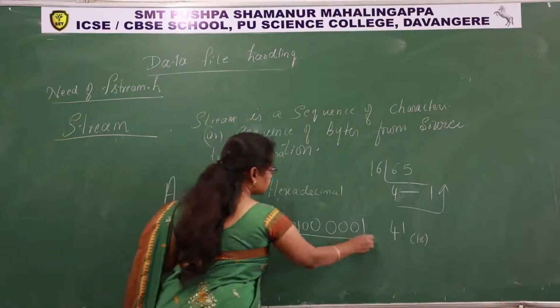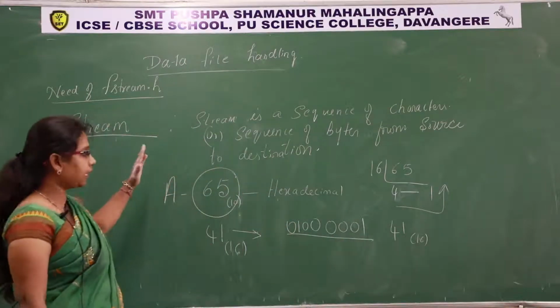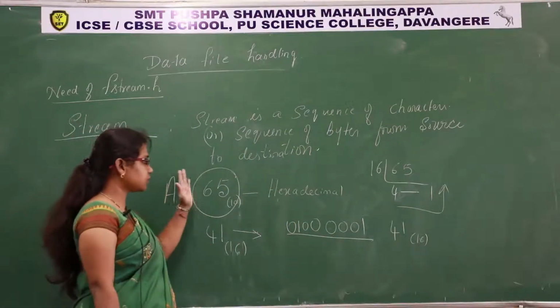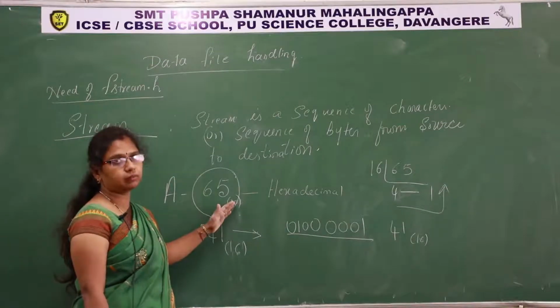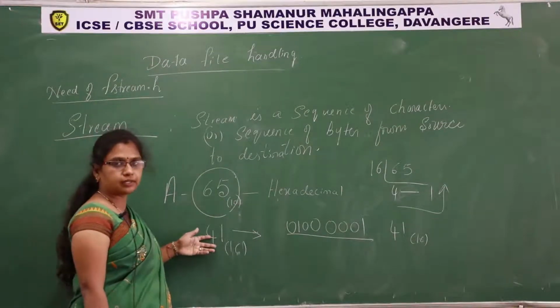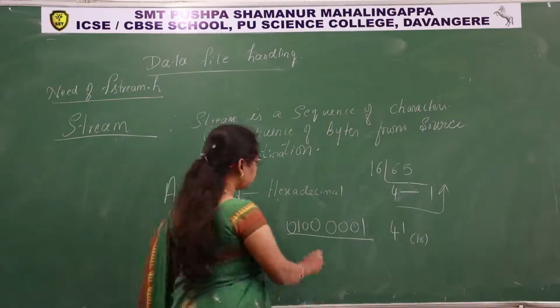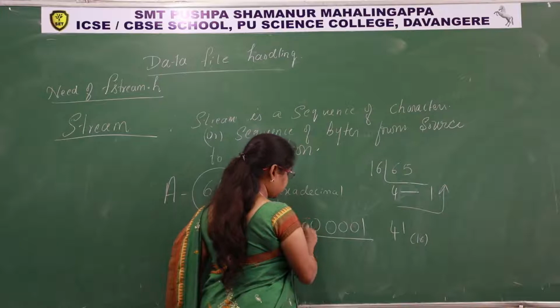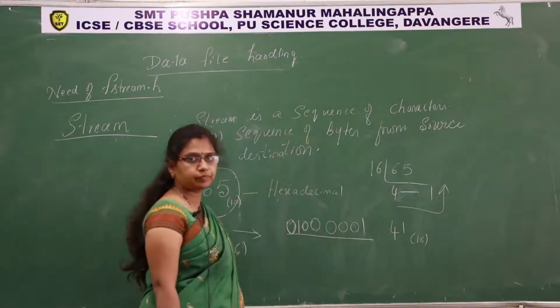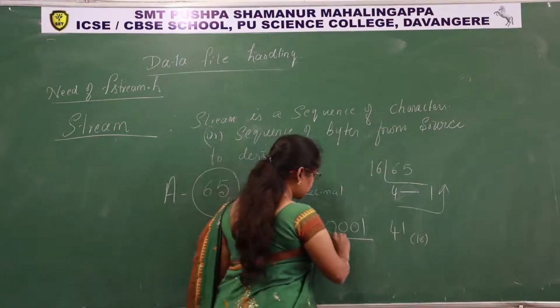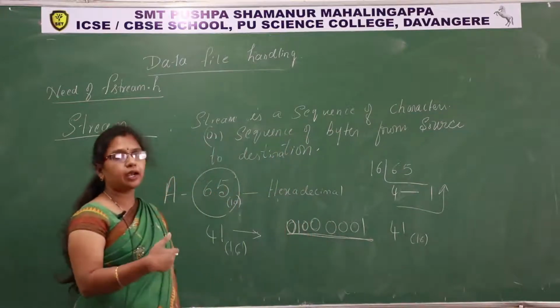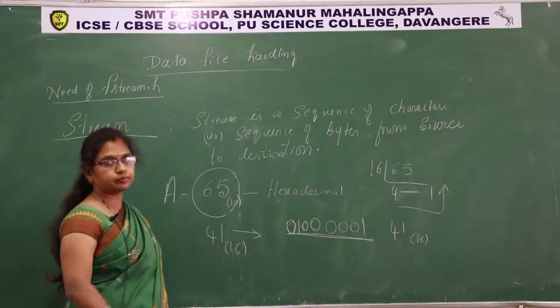So in this format, the character A, its ASCII value is 65, a decimal number, and its equivalent hexadecimal is 41, in ASCII 8 code. So these are all called a sequence of bits. These bits flow from the standard input device to the program.